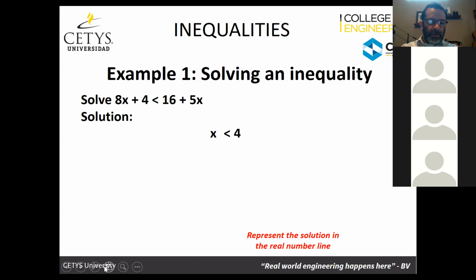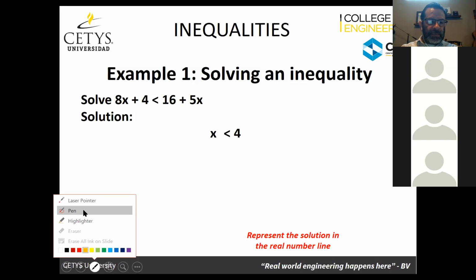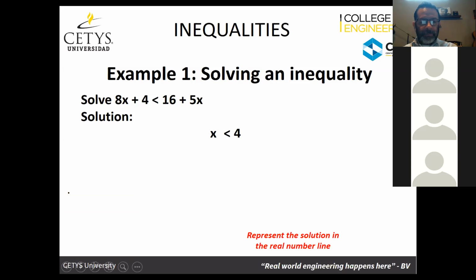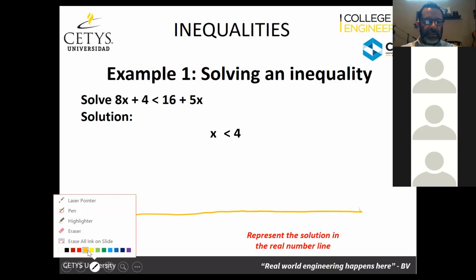Okay, so how would we represent this in the number line? Okay. So first off, we're going to represent a line. And in that line, we are going to represent the number, or we're going to represent the 0.